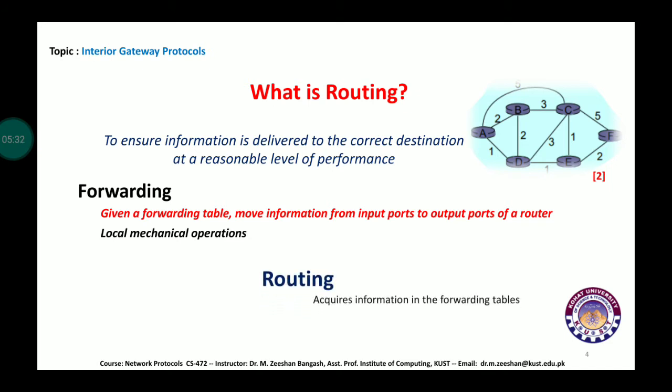About routing, it basically acquires the information available with the router, or with that intermediate node, in the forwarding table that has the required knowledge of the network.